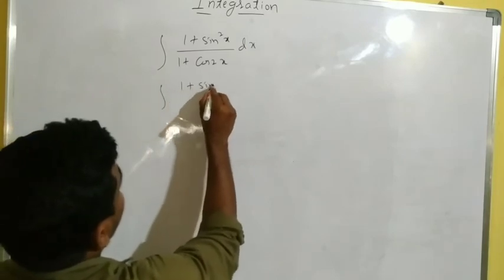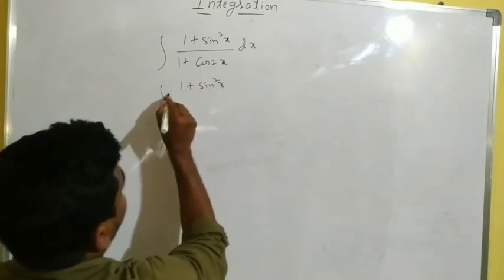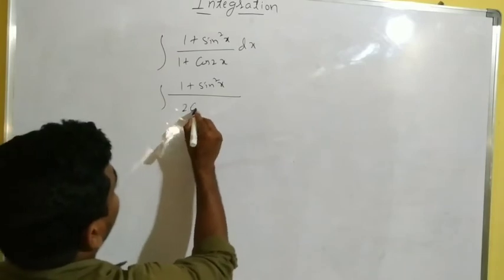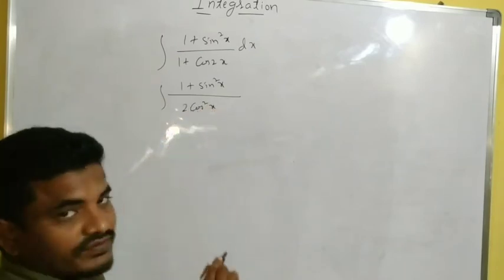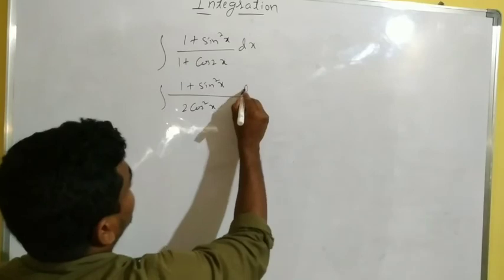1 plus sin square x by 2 cos square x dx.